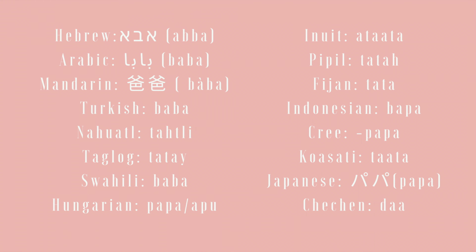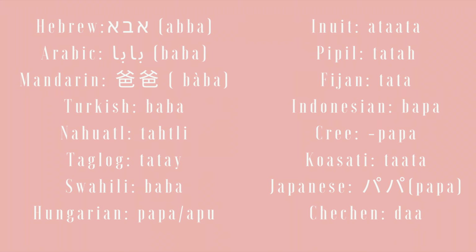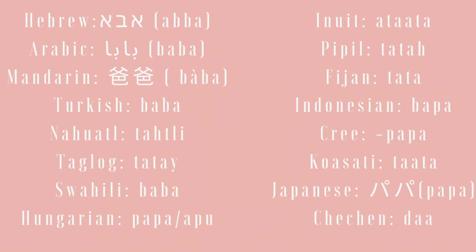Not only these Proto-Indo-European languages, but here's a list of non-Proto-Indo-European languages and their word for dad. Also, these sounds p, b, t, d, and the a vowel are basically universal in every single language and easy for every single baby that's born to make.